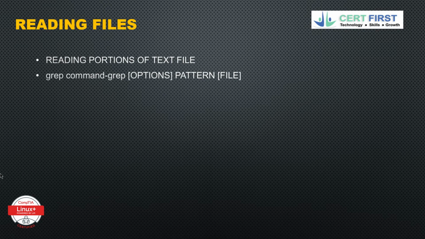You want to use the grep command. If you're dealing with a large file, like a log file for example, the grep utility will help you find the lines that contain certain strings. We'll cover this in more detail, but it's definitely useful for finding information. So you have grep, then options, the pattern that you want to find, and then the file.